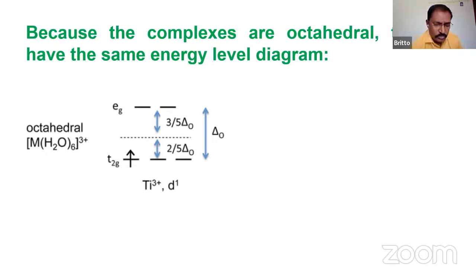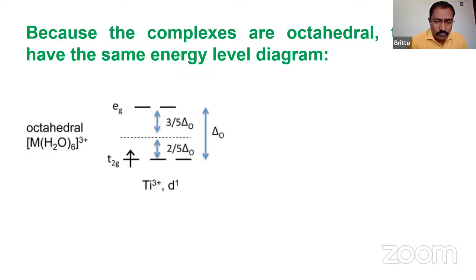The t2g orbitals are lower in energy, and the eg orbitals are higher in energy. For the splitting energy, each electron in t2g contributes minus 2/5 delta O, since the energy is lowered. Each electron in the eg level contributes plus 3/5 delta O. That is octahedral crystal field splitting.